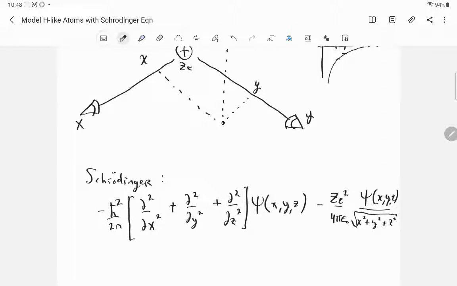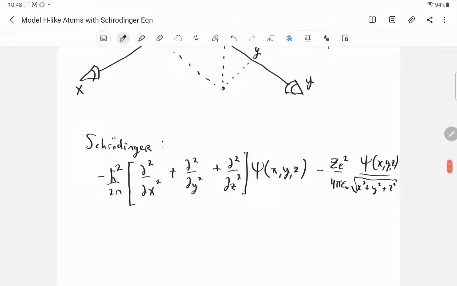That's the potential energy multiplying the wave function, and this is equal to some constant that's identified as the energy, which is not a function of x, y, z. The energy is a value, some number of electron volts or joules, which is not a function of rectangular coordinate, but it multiplies our wave function psi of x, y, z, right? So this is the Schrodinger equation in rectangular coordinates.